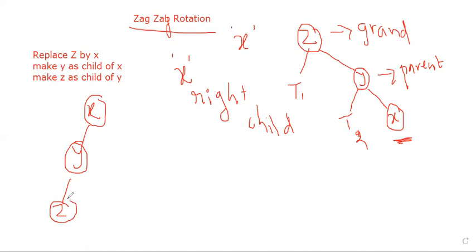So this is what you have to do. The t2 of y becomes the child of z, and whatever values are present there become t3.